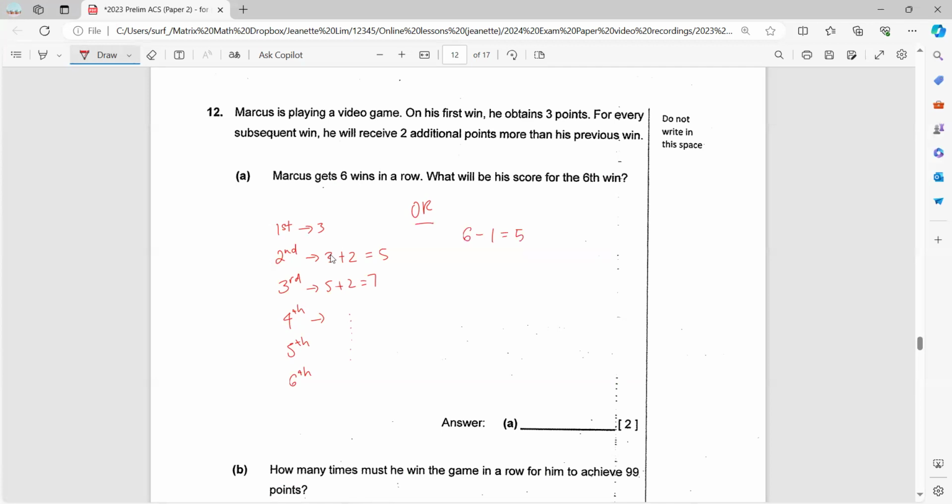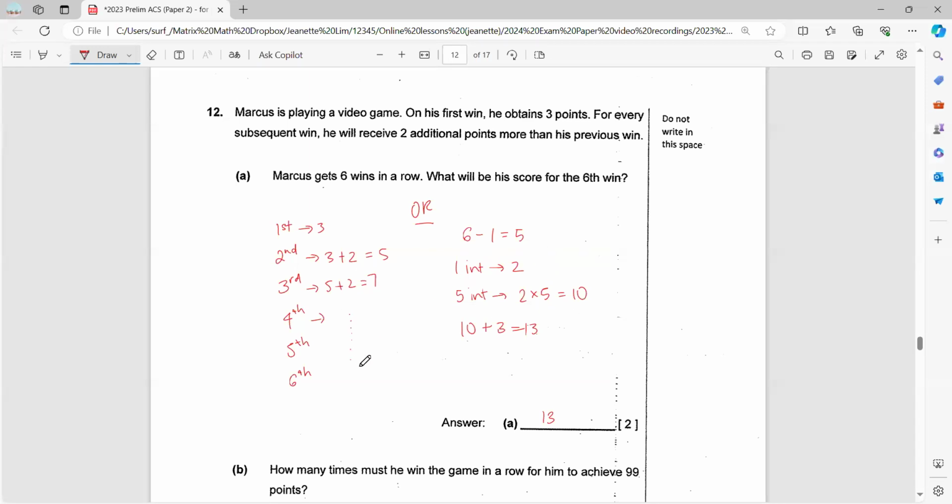Every interval is 2, so 5 intervals means 2 times 5, which is 10. Then add back the very first win, which is 3 points. So 10 plus 3 is 13. This method also gets 13. Of course, if they're asking for a very big number, it's better to use this method instead of listing all the way.